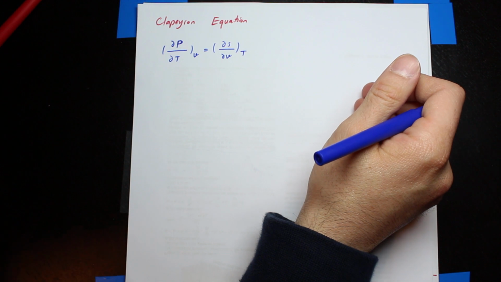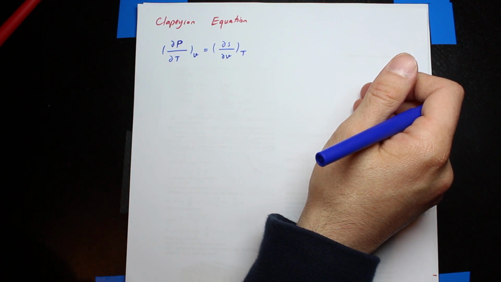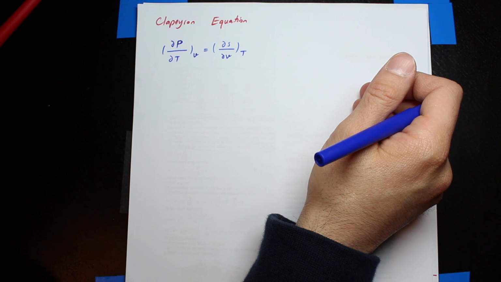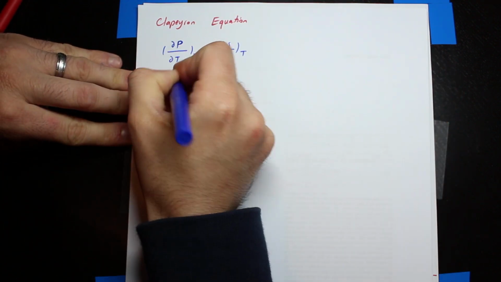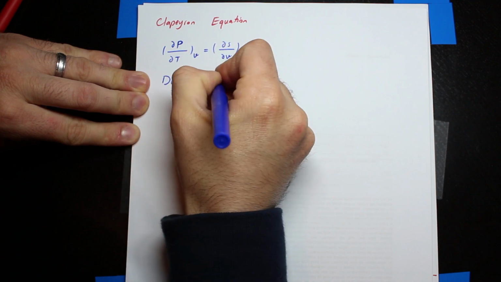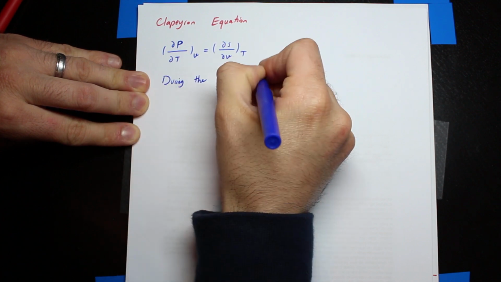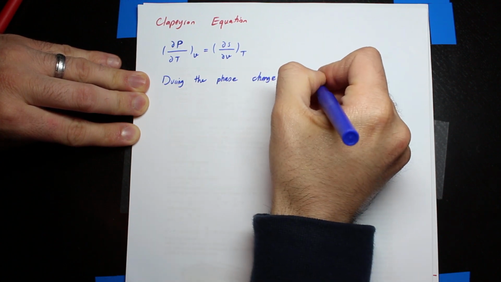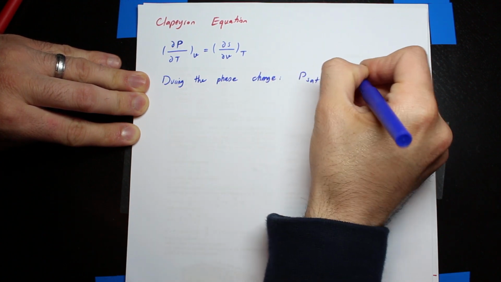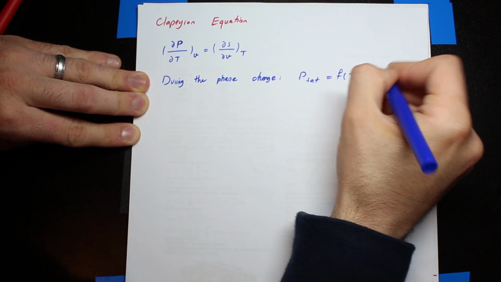Okay, so during the phase change process, we know that the saturation pressure is a function of saturation temperature. So during the phase change, P sat is a function of T sat.